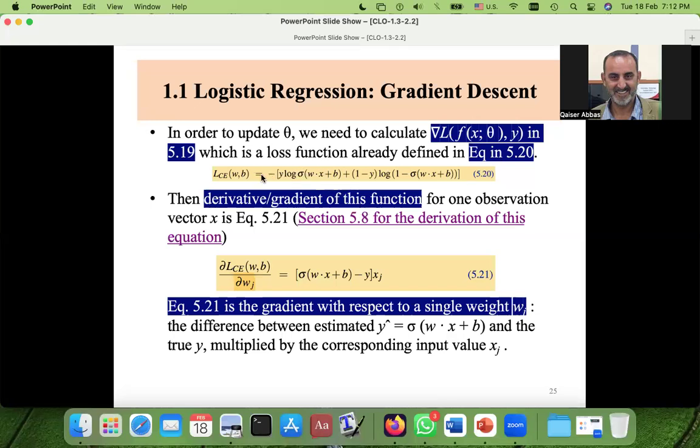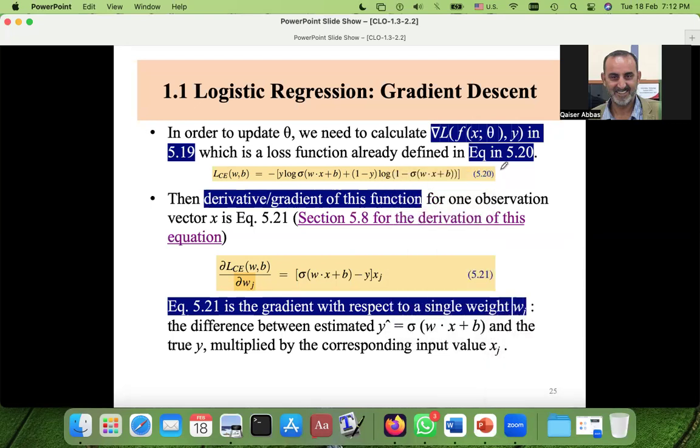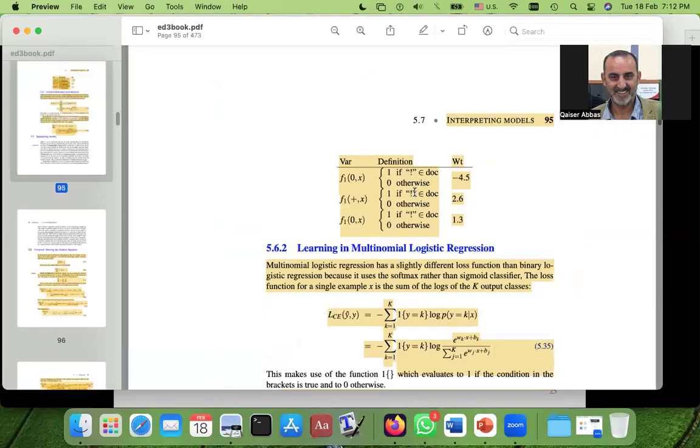If you apply the derivative over this equation, that calculation is mentioned in section 5.8 of that book, which is for speech and natural language processing. What is that book? I can give you also the name.